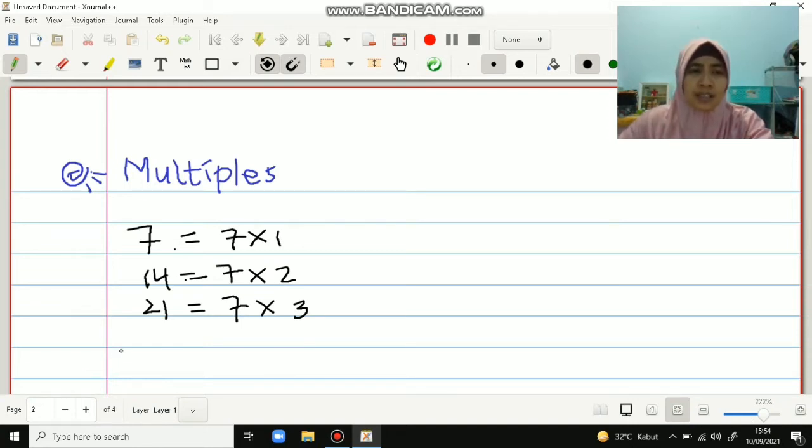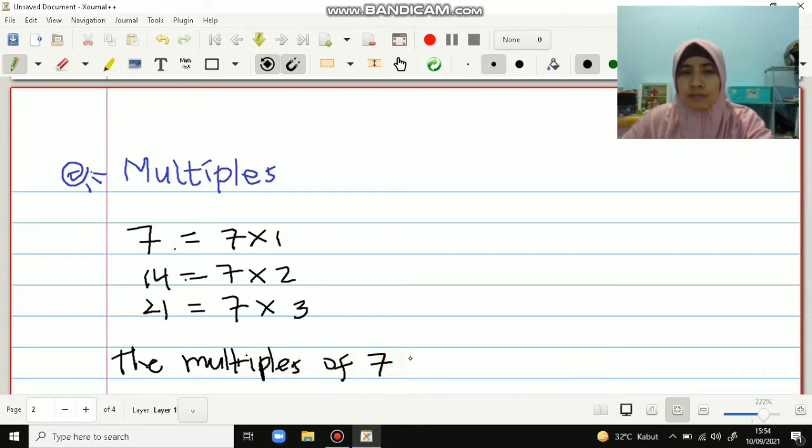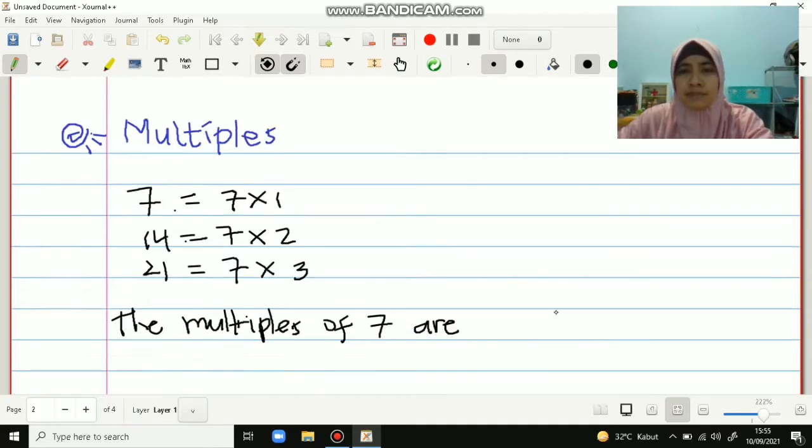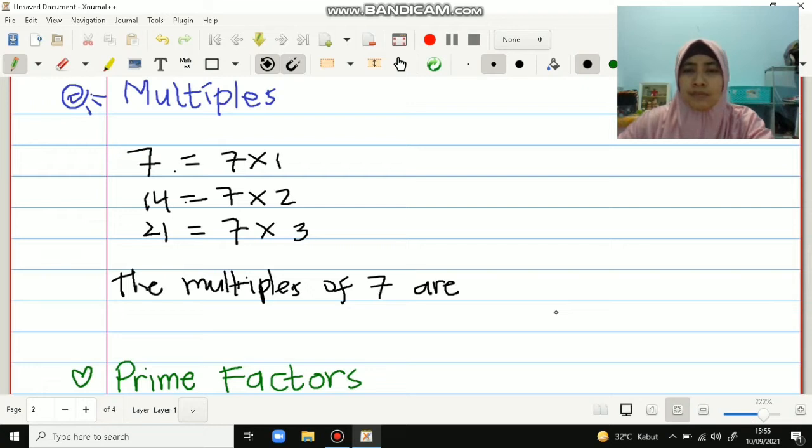So we can write down the multiples of 7. We can list them. Start from 7. The first multiple, the second is 14. The third, 21. The fourth is 28.